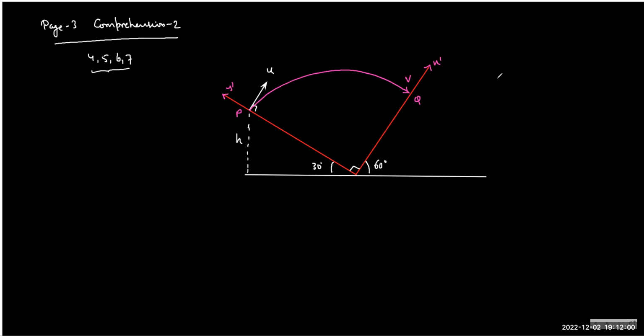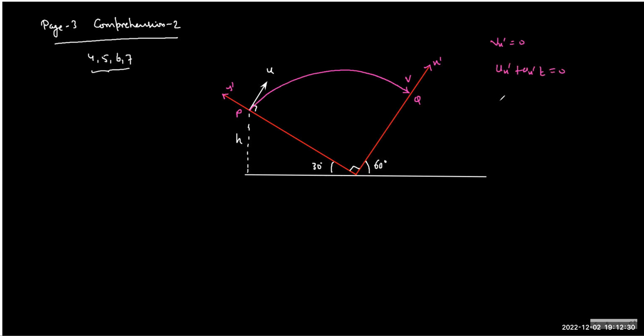To find the time of flight from P to Q, how much did you get as the answer? I think many of you have solved, right? You can put Vx dash equals 0, or you can use the displacement relation also. So Vx dash is 0 means ux dash plus ax dash into t equals 0. What is ux dash?